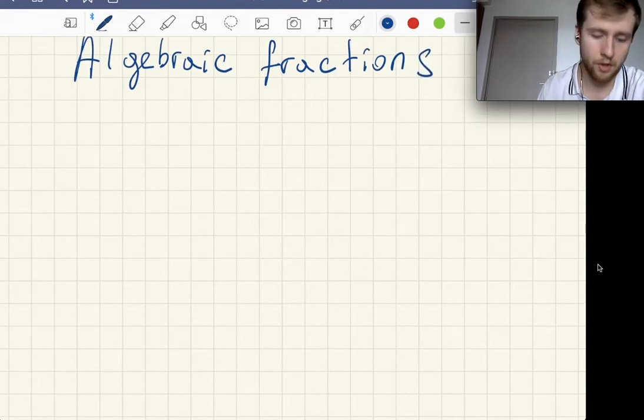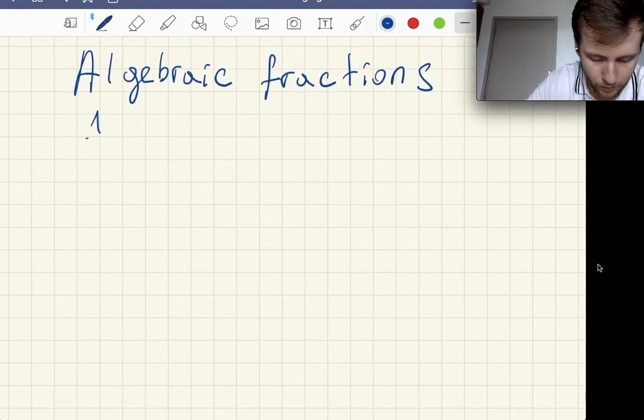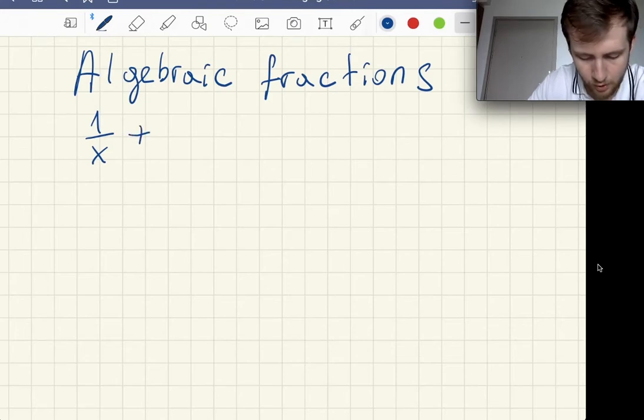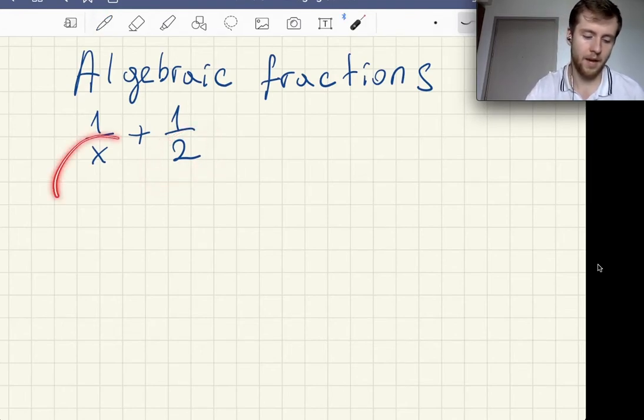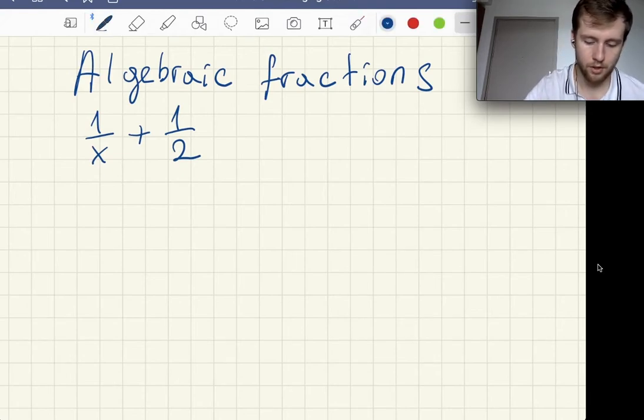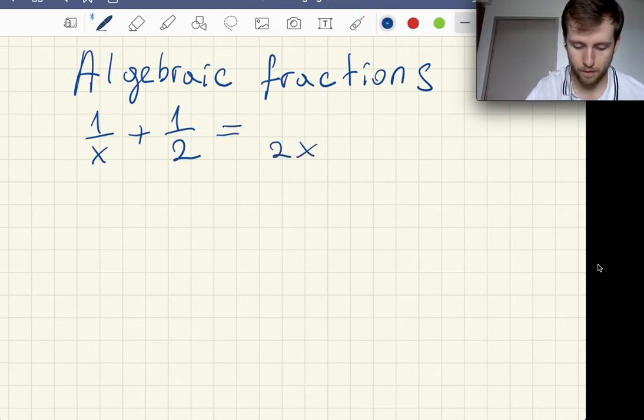And the way to do them is, let's say we have 1 over x plus 1 over 2. Just like with normal fractions, we have to find a common denominator, right? Here we have 2, here we have x. So the common denominator is going to be 2x.